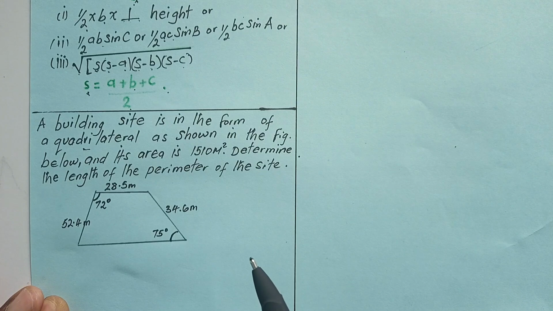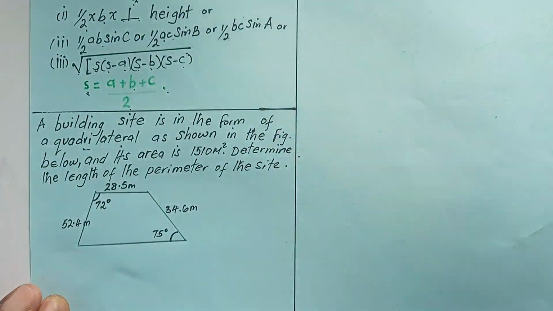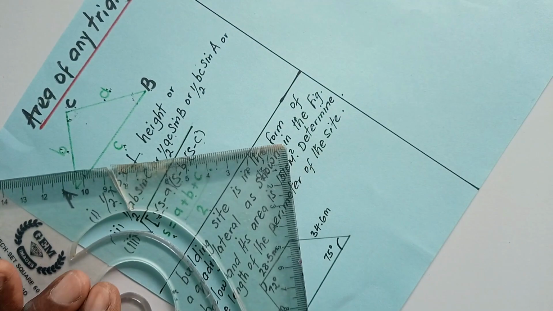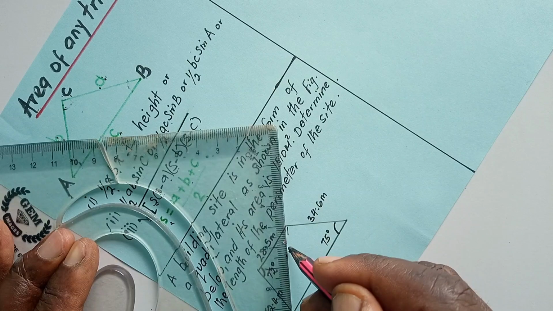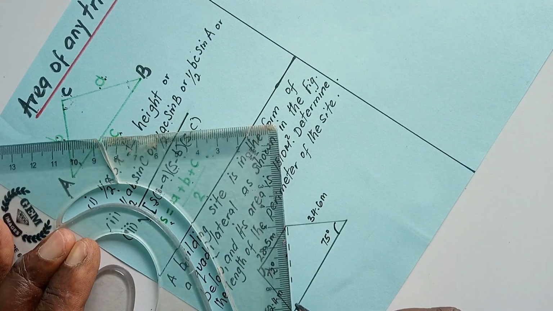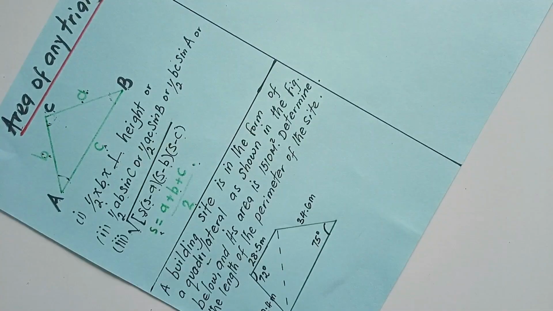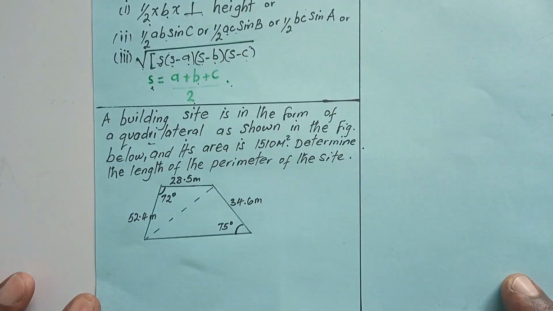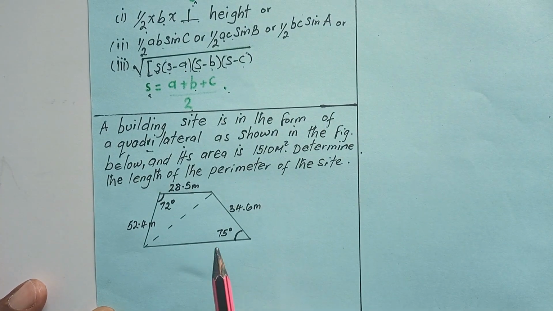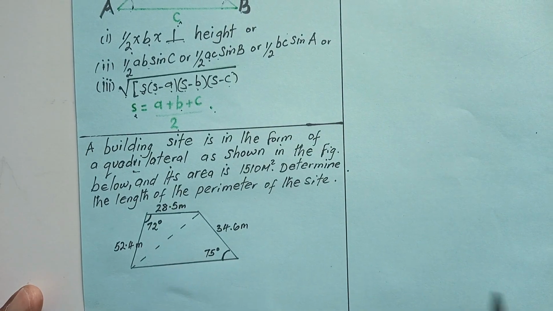Now to figure out how we are going to work it out, we can divide our quadrilateral in terms of triangles. So I divide it from that side like that. When I divide it that way, I have two triangles.